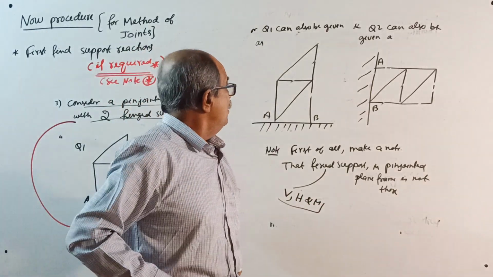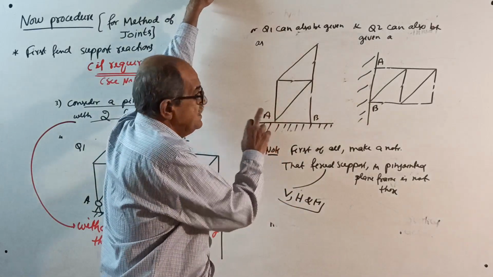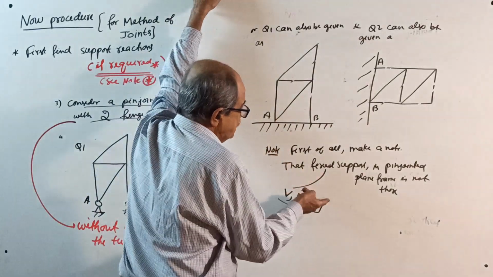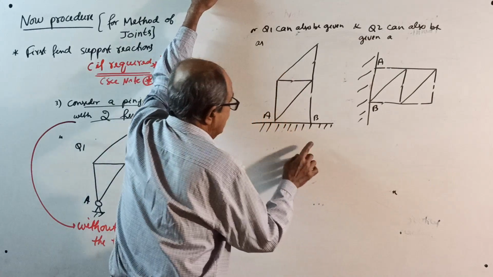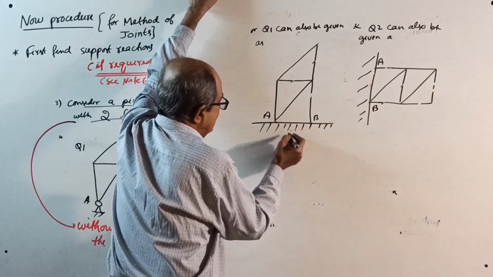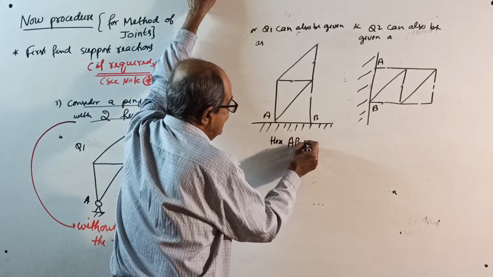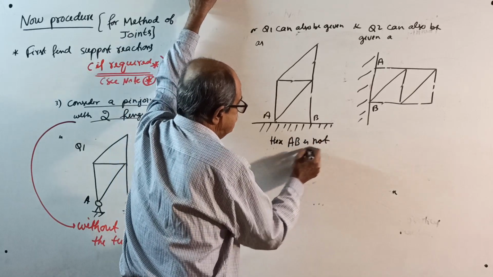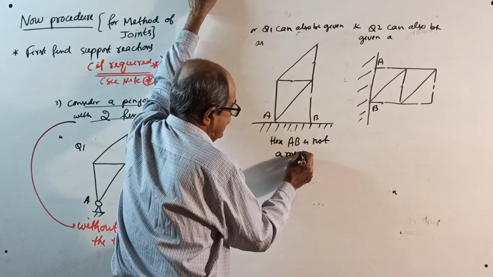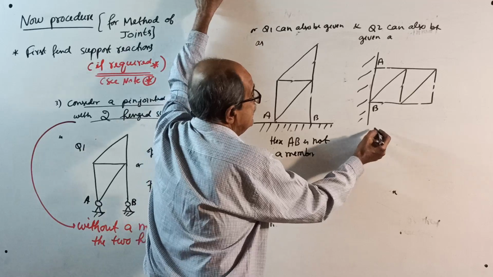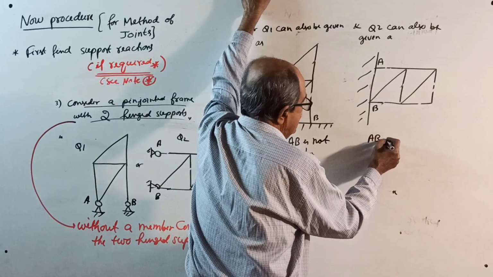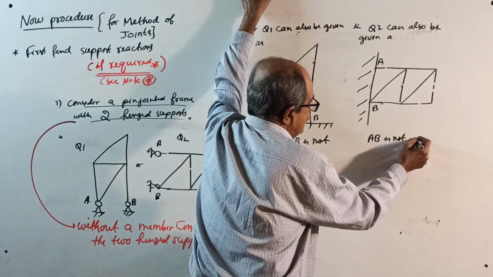So therefore, even if they give fixed here, write it this way. Now very important, make a note here. AB is not a member. Very important. AB is not a member. Here also, AB is not a member.